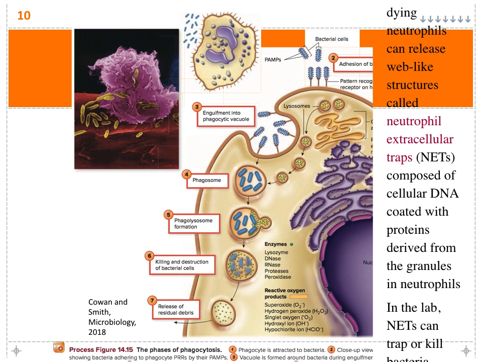But in addition, neutrophils that are dying can release web-like structures called nets or neutrophil extracellular traps, which are composed of cellular DNA that are coated with proteins, which are also derived from the granules found inside the neutrophils. So the nets can additionally trap or kill bacteria.